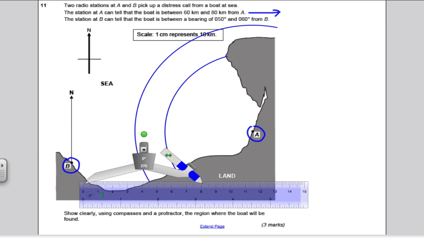So I know that this distance here is approximately 80, and this distance here is approximately 60. So the region we're interested in, the distress call happened in between these two. But you also know another fact from station B. Station B tells you that the boat is between a bearing of 50 and 60 degrees from B. So from the north line, we want to measure an angle of 50 from north and an angle of 60 from north.